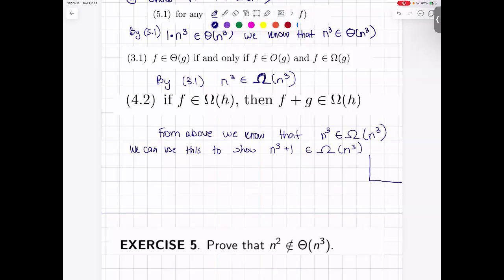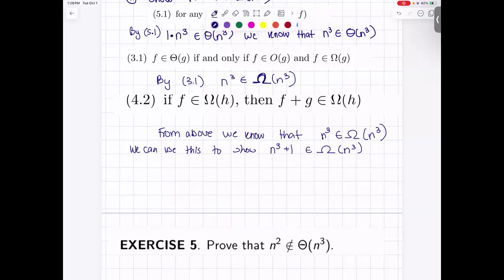We're talking about the big omega of n cubed being wherever on here, but n cubed plus 1 will just be somewhere above it, somewhere to the left of it, somewhere to the right of it. It won't make us fall below that line. So we know it's true just by looking at the graph.